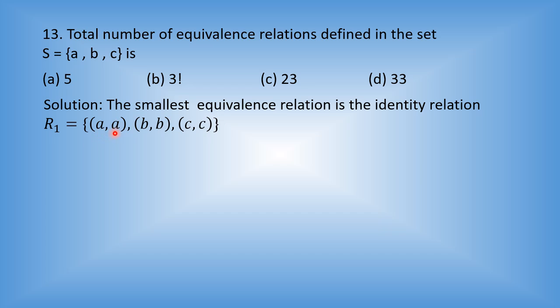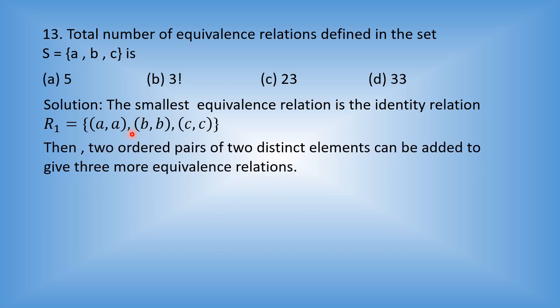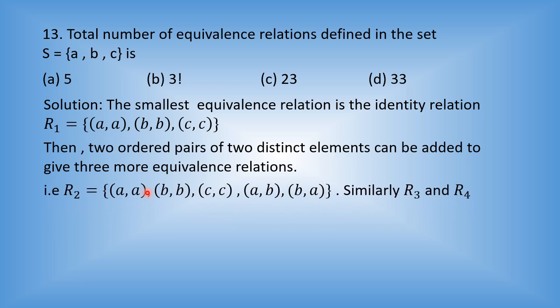Ordered pairs (A, A), (B, B), (C, C). So this is reflexive, symmetric and transitive. So R1 is an equivalence relation. Next we move to one bigger set, by considering two ordered pairs of two distinct elements. So R2 is defined as (A, B), (B, A) along with the identity pairs.